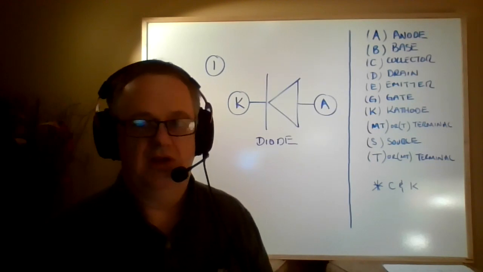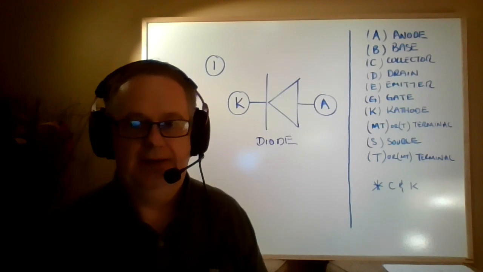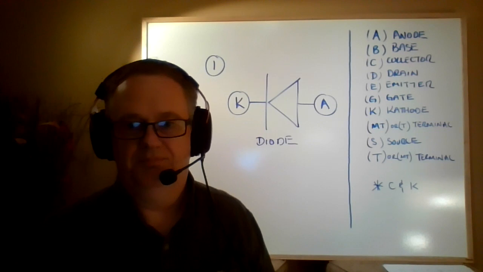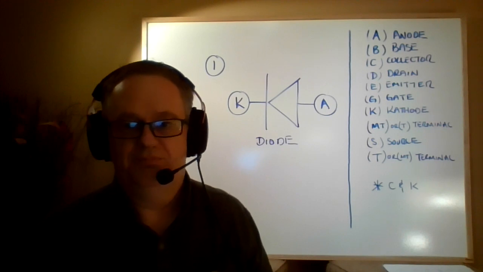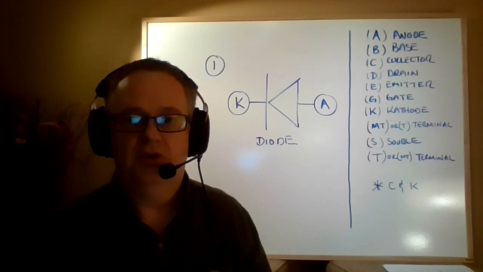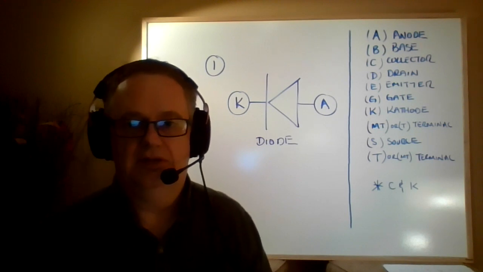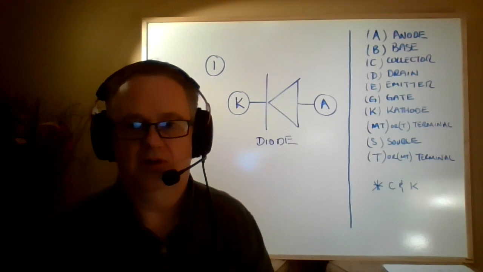Base, used on quite a few, particularly a lot of transistor type products. Collector, usually transistors. When you get into things like gate, those are usually more on thyristors, and so on.